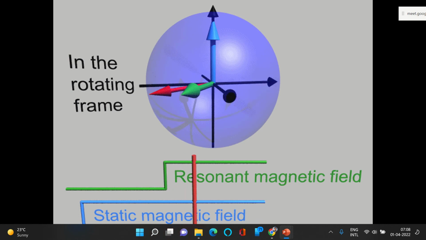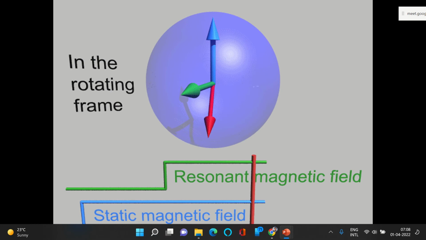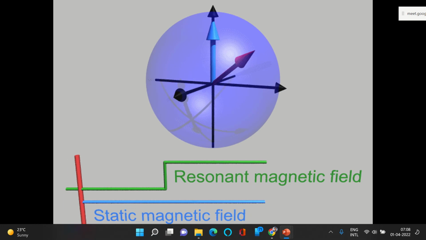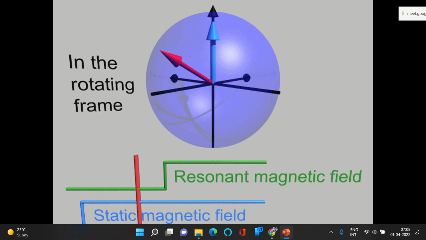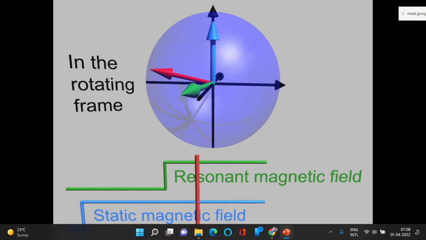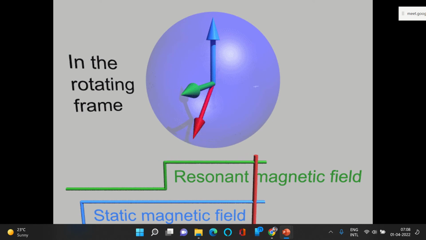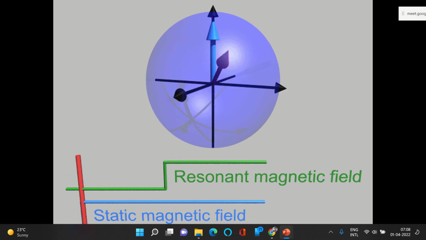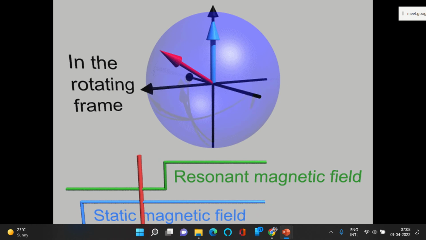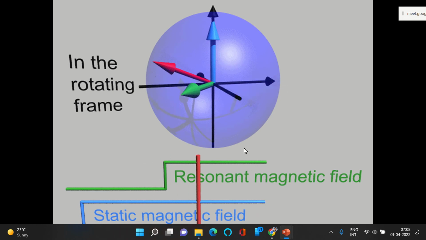Then when there is a circularly polarized radio wave, and we change the frame of reference, we find that B1 is static, and so is M, the magnetization vector, and it starts precessing around B1, the green, after a while.